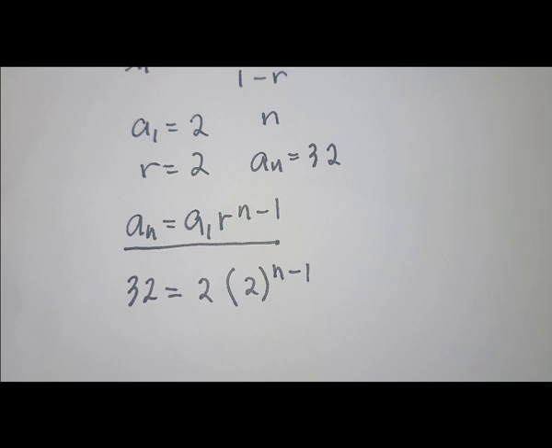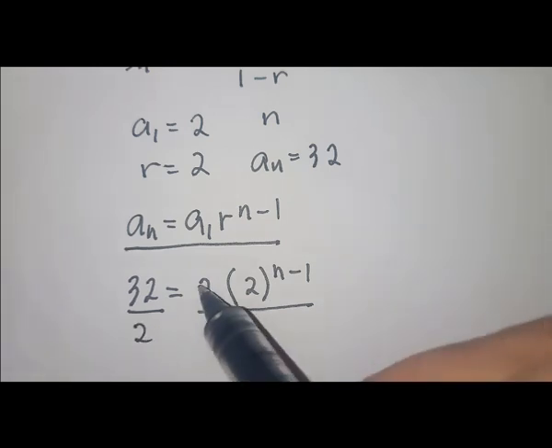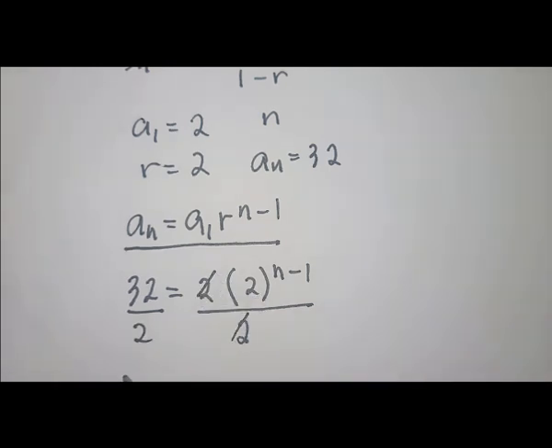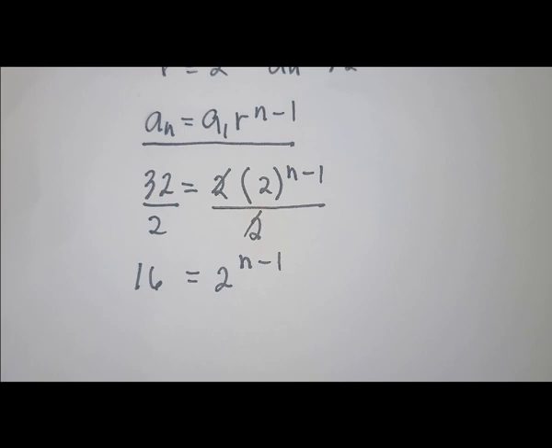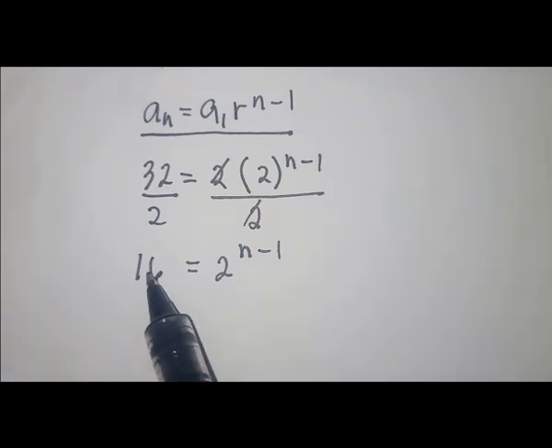Okay, so next. First, divide both sides by 2 to cancel out the 2. So we have 16 equals 2 raised to n minus 1. Okay. We will make 16 into exponential form, where we need the same base as 2. So what is the exponential form of 16 with base 2?